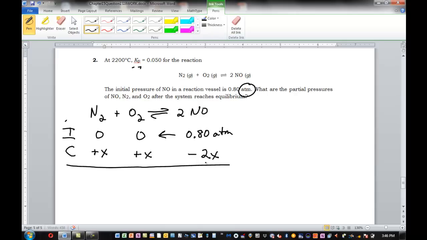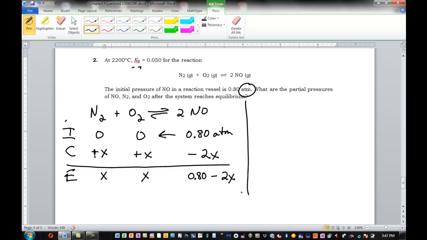Therefore, at equilibrium, our concentration of N2 is just x, our concentration of O2, x, our concentration of NO, 0.8 minus 2x. There's your ICE table.